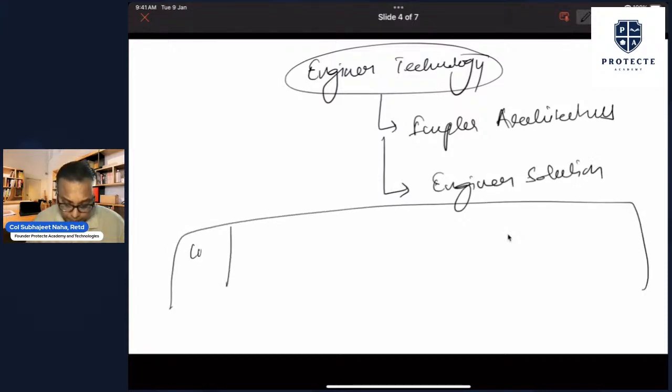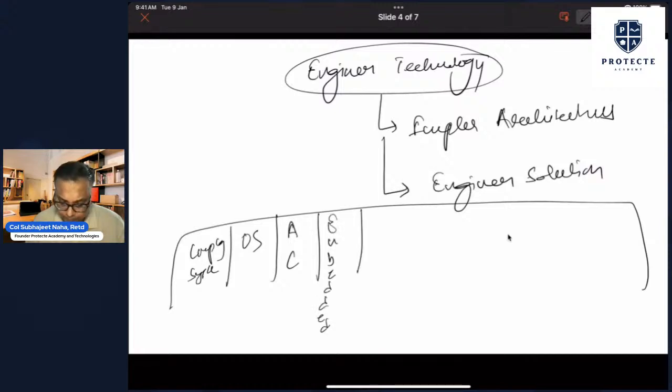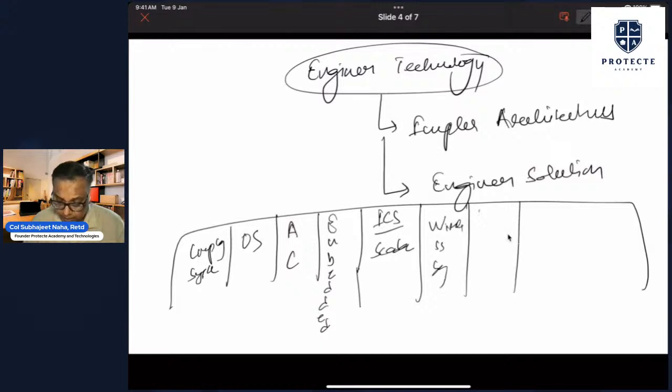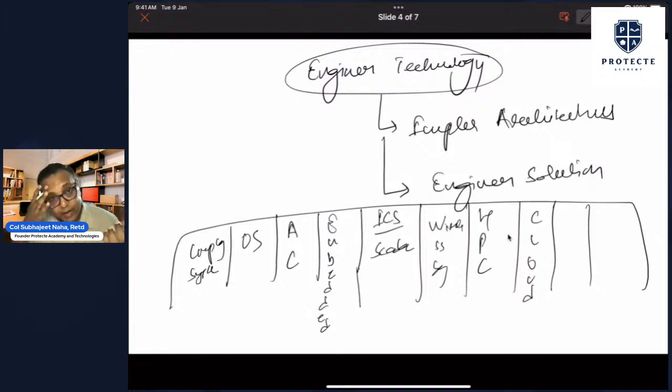Now, major technologies: computing systems, operating systems, access control systems, embedded systems, right? ICS, industrial control systems, that is SCADA systems, right? Wireless systems, high performance computing systems, cloud systems, right? We see how security architecture and engineering efforts are required in securing the complete technology stack which is available to us. And that's domain 3.